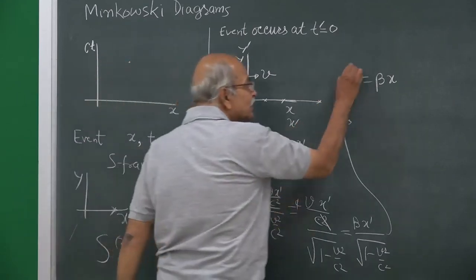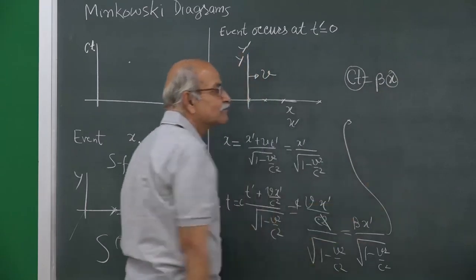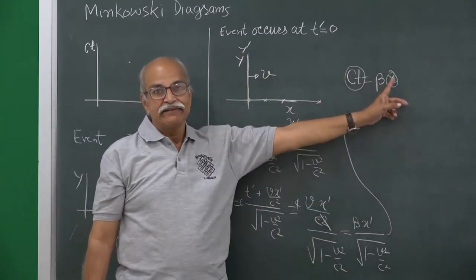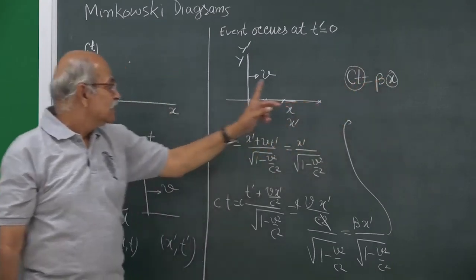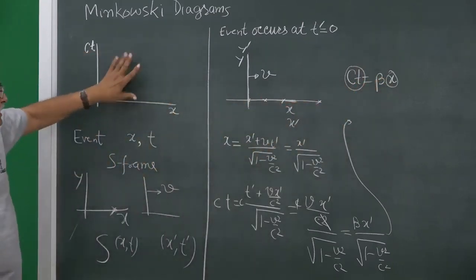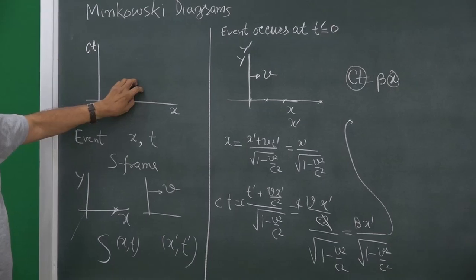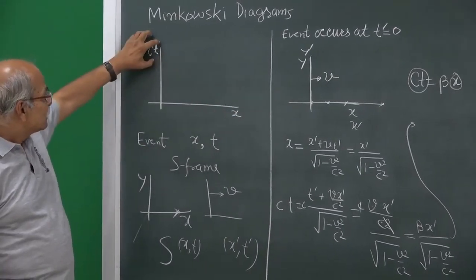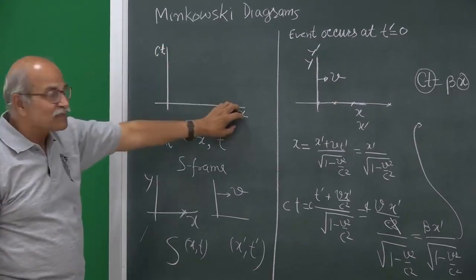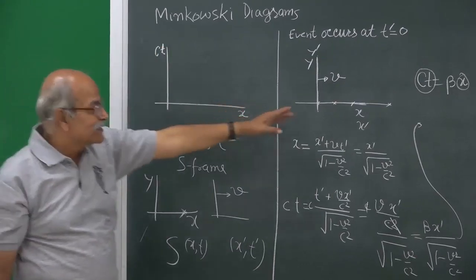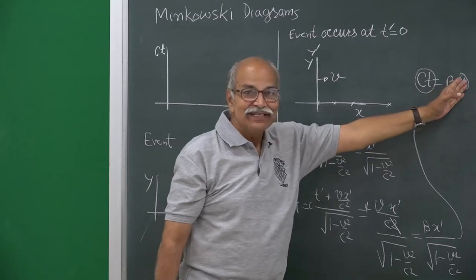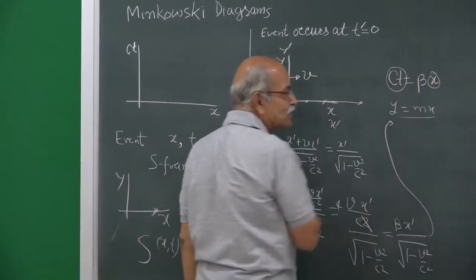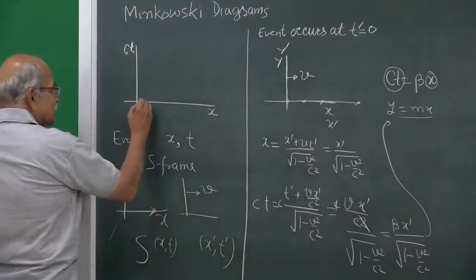There is a relation between Ct and x, and these are the coordinates of the event in S frame, and therefore, if I plot that point here, that point will be on a straight line. Remember, this is our Ct coordinate and x here, just like y equal to mx, so this will be a straight line.